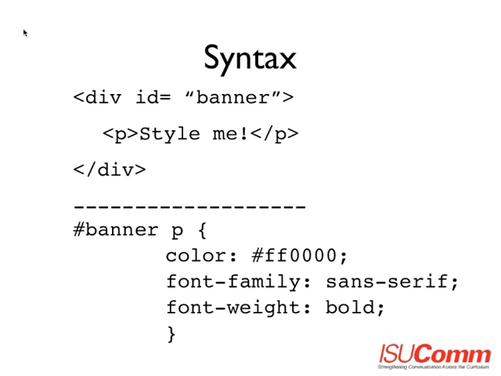Now another thing we can do is style specific pieces of content inside divs. So maybe instead of saying I want all paragraphs to be a certain color, I might say only within the banner div do I want the paragraphs to do this certain thing. So what we see here is I've given the div the ID of banner, and there's a paragraph inside it.